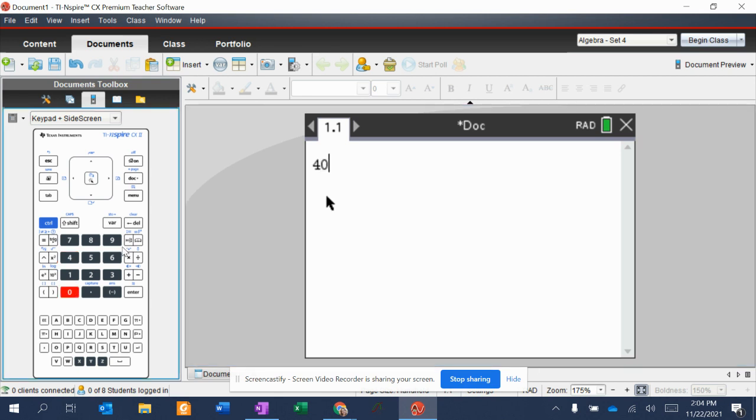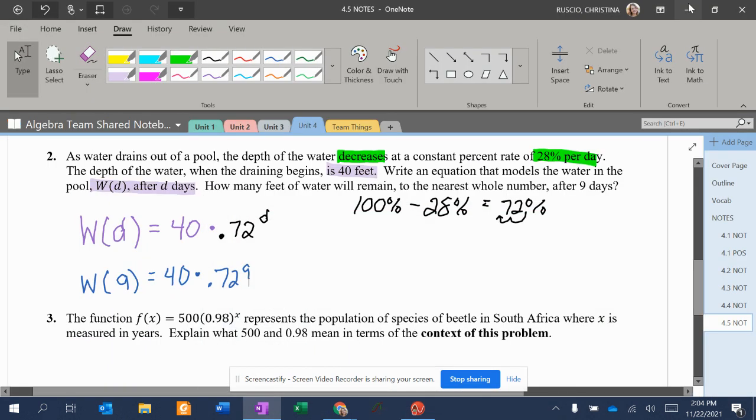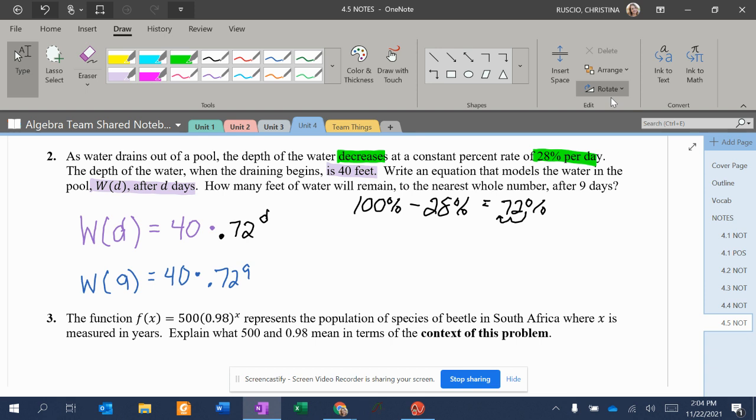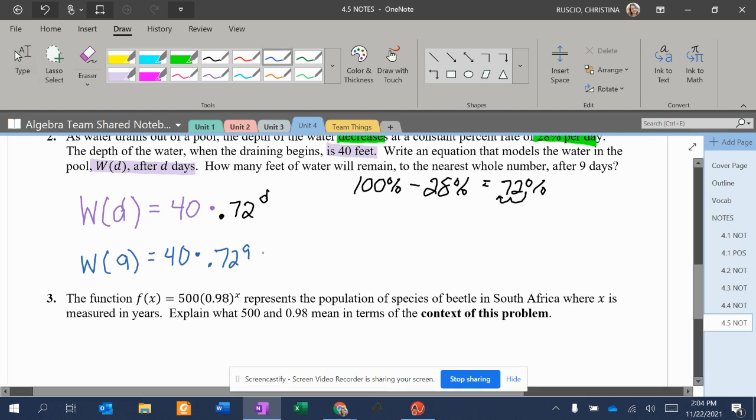So 40 times 0.72 to the 9th power is 2.0799. How many feet of water are going to remain after 9 days? About 2 feet, because we're going to round to the nearest whole number.